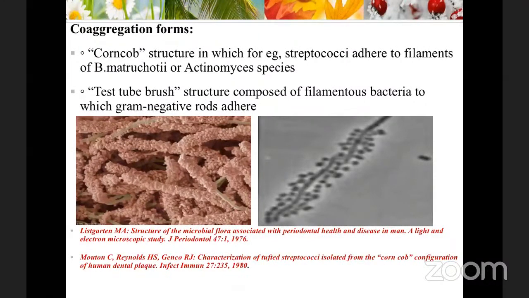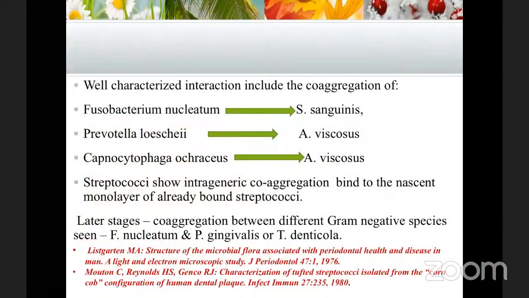The Listgarten and Reynolds studies describe well-characterized interactions, including the coaggregation of Fusobacterium nucleatum with Streptococcus sanguinis, Prevotella loescheii with Actinomyces viscosus, Capnocytophaga with Actinomyces viscosus, and different coaggregations between gram-negative species. F. nucleatum provides a bridge towards P. gingivalis and Treponema denticola.